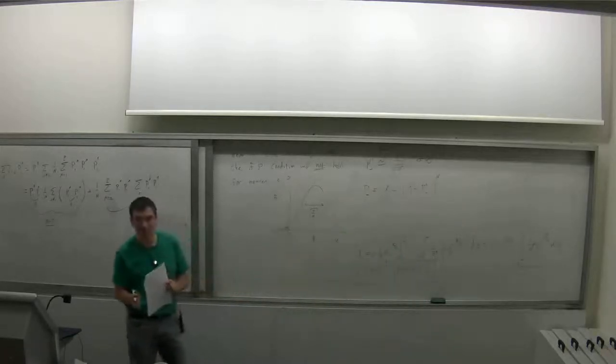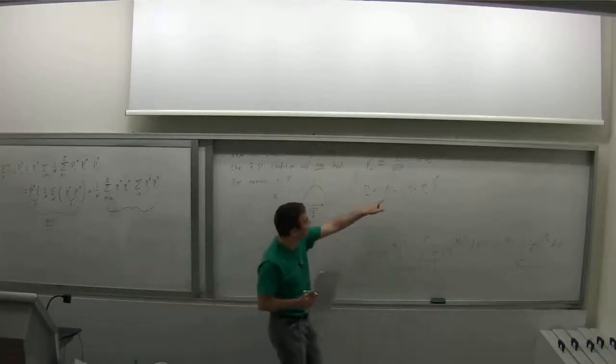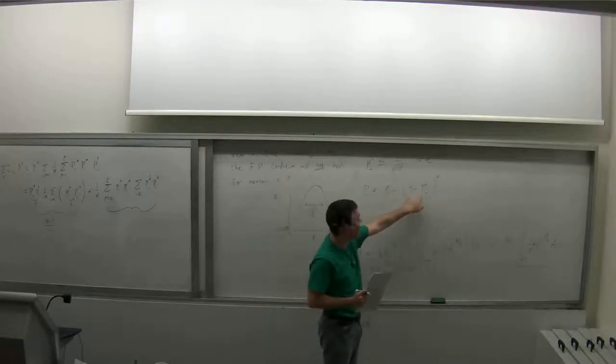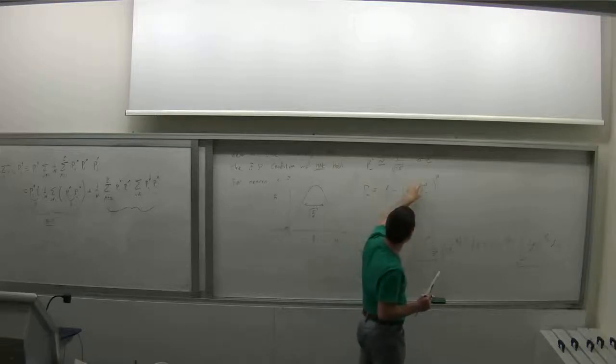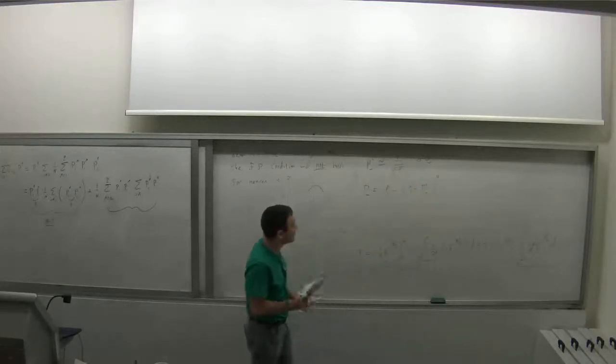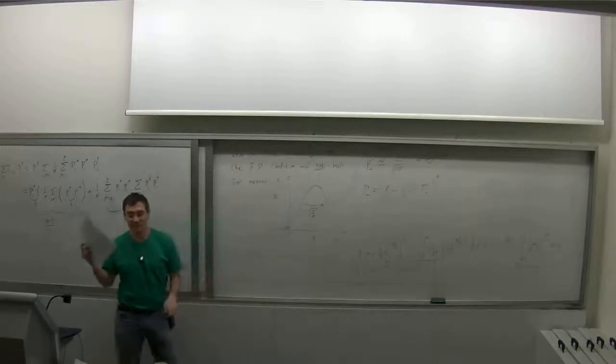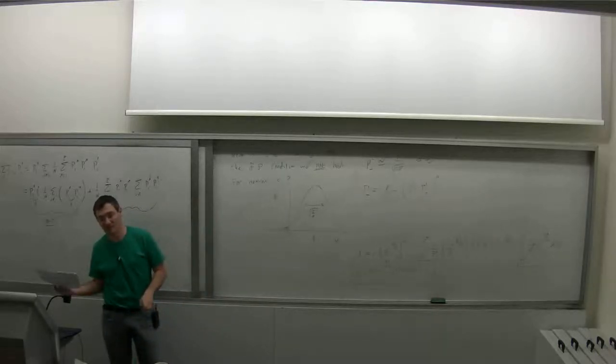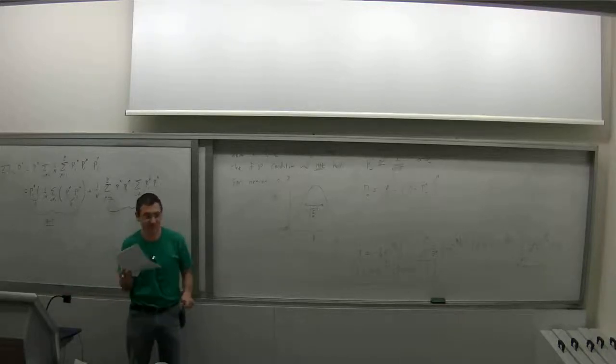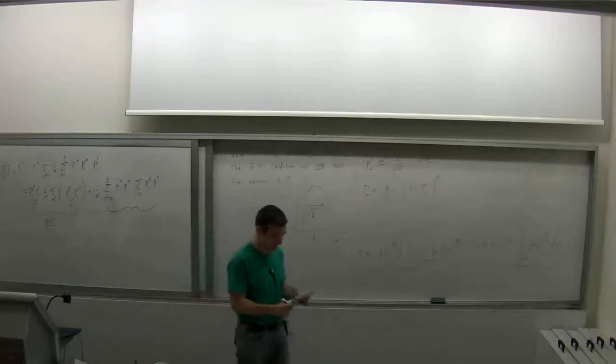Why is it true? 1 minus pi mu is the probability of no mistake in neuron i. 1 minus pi mu to the power of n is the probability of no mistake in any of the neurons. 1 minus this term is the probability of a mistake in at least one neuron.